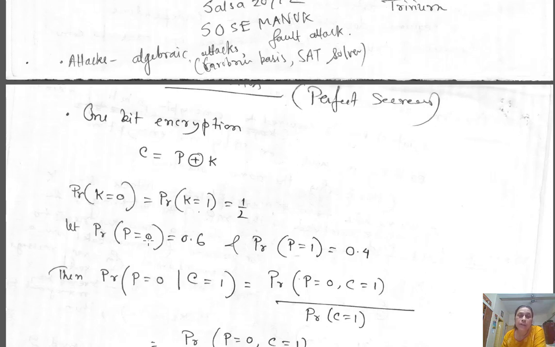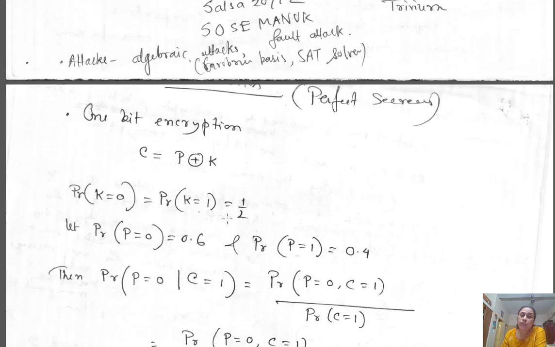The probability of P equal to 0 is given as 0.6, and the probability of P equal to 1 is given as 0.4. Each key is used uniformly, so their probability is half.